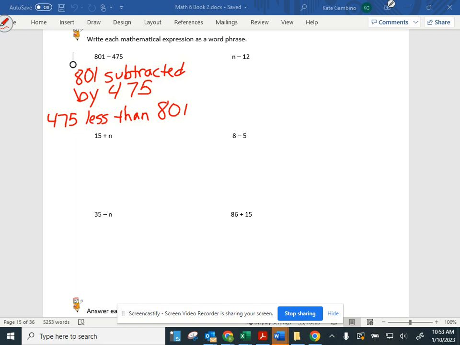JT? 801 decreased by 475. 475 subtracted from 801. You could say the difference between 801 and 475. How many ways do we have to?